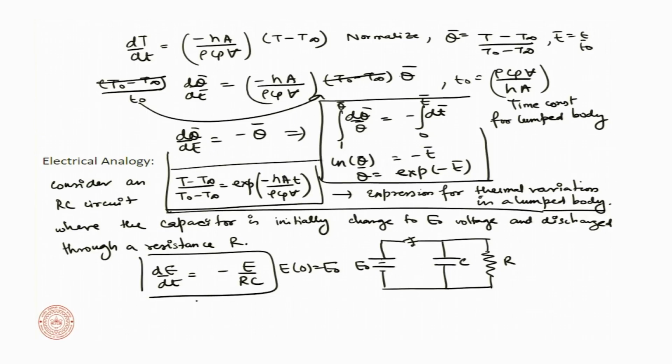Okay, so if we solve this expression like last time, we will have E equals E naught exponential of minus t over RC.